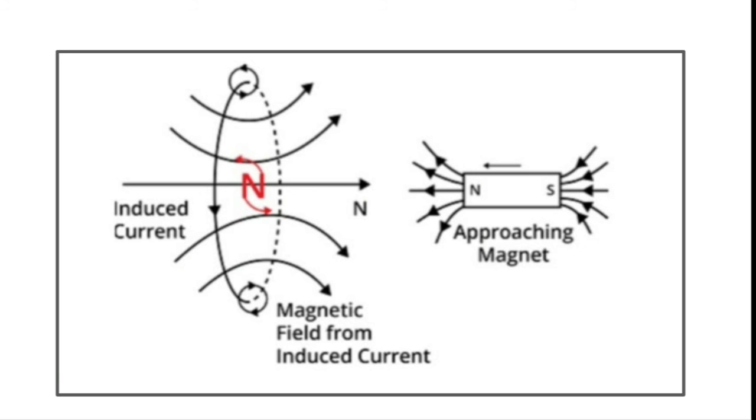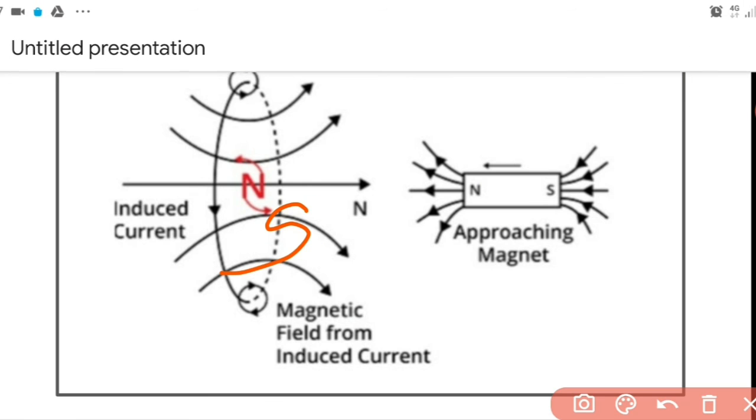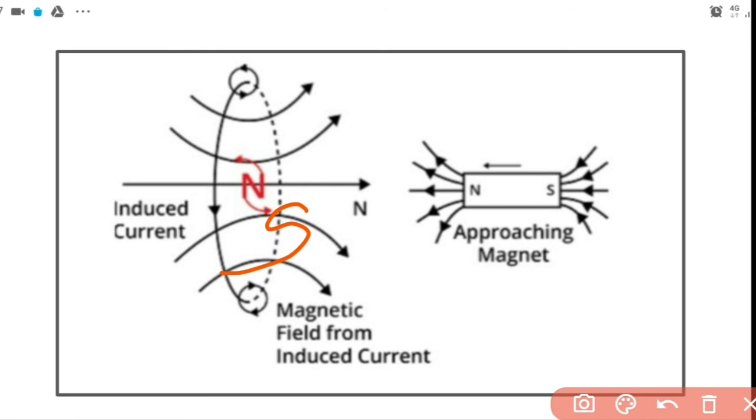What will happen when we think about the reverse situation? Here south polarity will be there and the current will be in clockwise direction. When the current flows in clockwise direction, the south polarity is induced on this side. Because of the south polarity, the magnet will be attracted towards the loop.